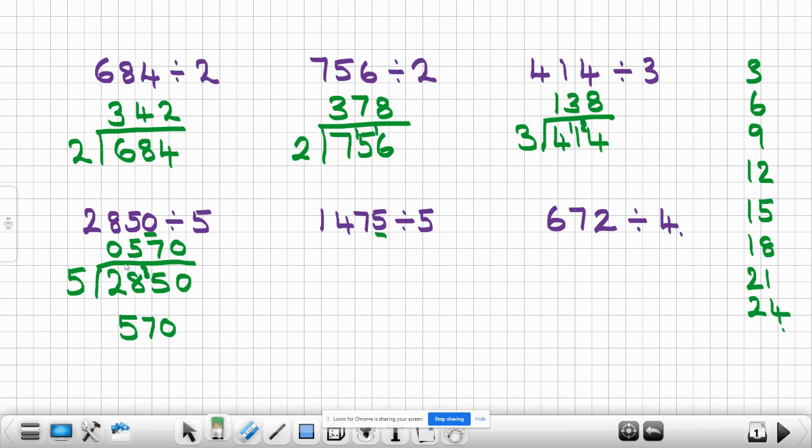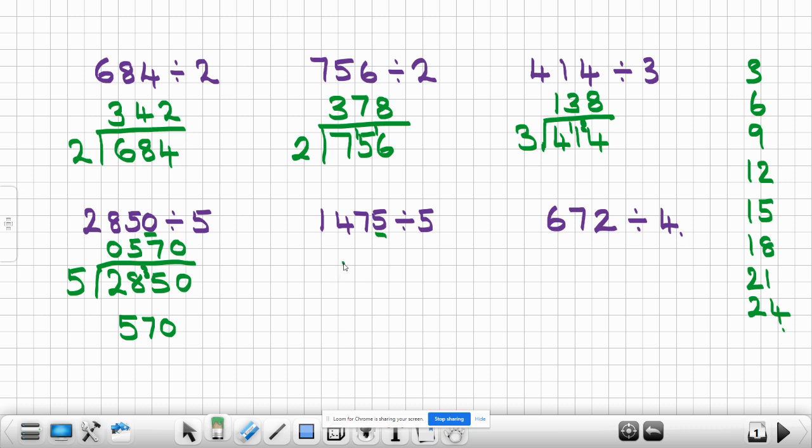Okay, and as you can see, the number that we're dividing by 5 gave an even answer, 570. So whenever we do 5 times a number, if it's an odd number, we get 5s. If it's an even number, we would get a 0.